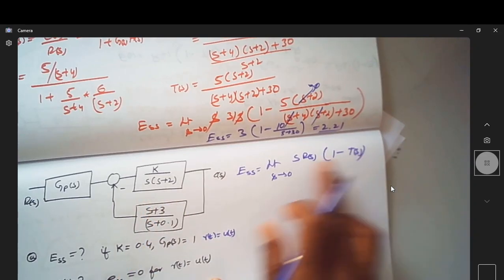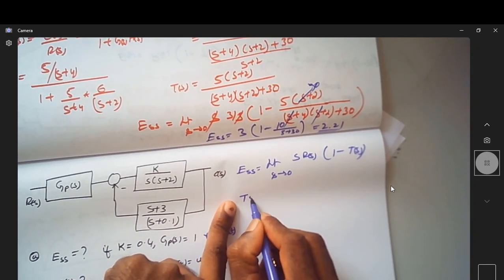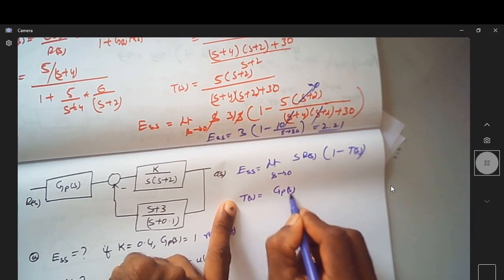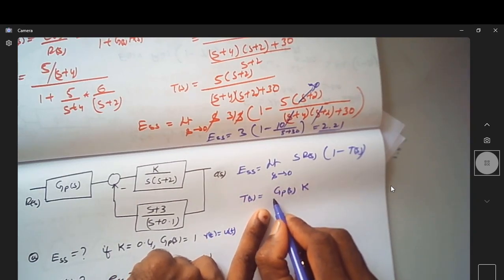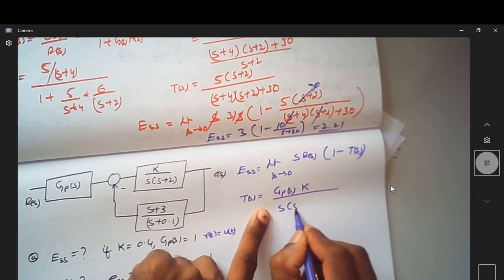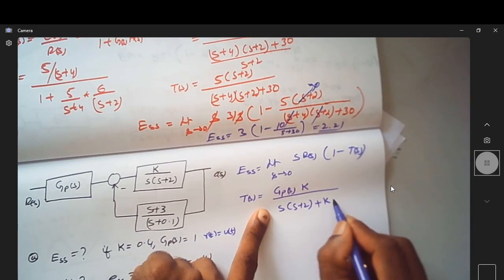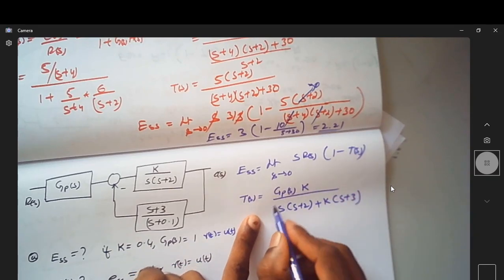So before we proceed, let us find out what T(s) is. T(s) is actually equal to GP(s) multiplied by K into (s plus 0.1) divided by s into (s plus 2) into (s plus 0.1) plus K into (s plus 3).